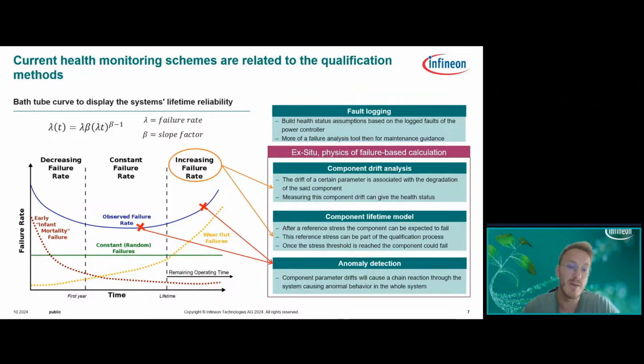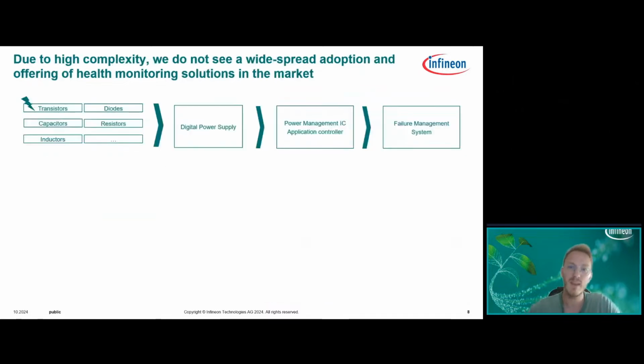And all of those methods are based on the physics of failure. So, physical effects are being evaluated, and then a decision is made whether this component is still healthy or not. However, we don't see a wide adoption in the market because this is a really complex problem.